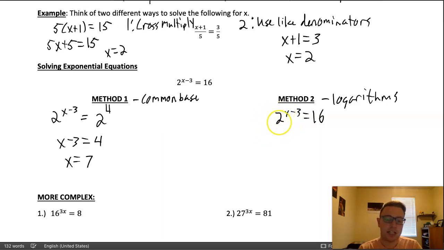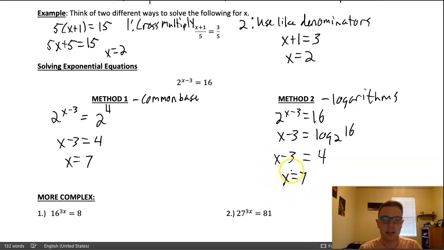We'd be left with x minus 3 on one side, and we'd have the logarithm on the other side, equal to log base 2 of 16. So all we've done is we've changed our power to a logarithm here. And this is saying 2 raised to what power is 16? Saying 2 raised to the 4th power is 16. So we get x minus 3 is equal to 4, or again, x is equal to 7.